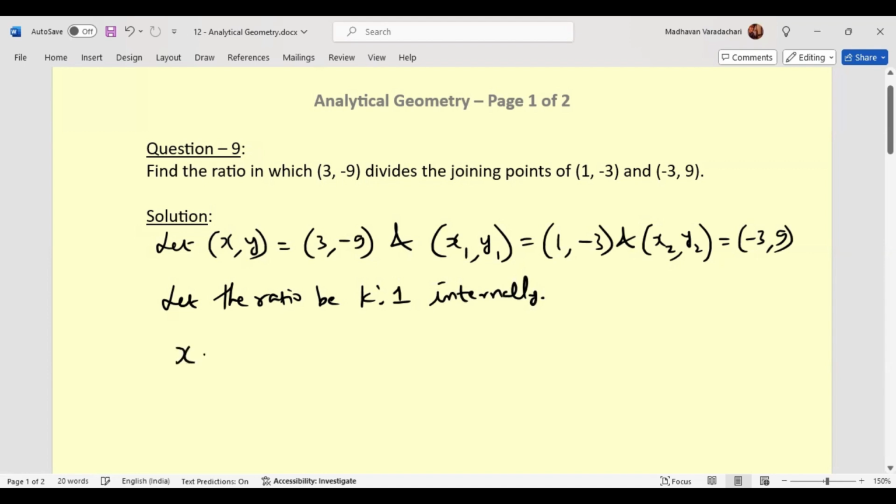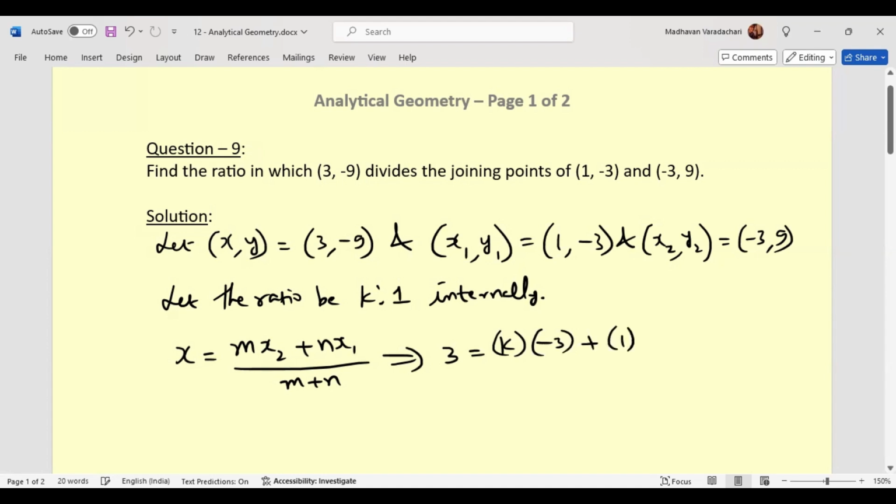So our x will be (m x2 plus n x1) divided by (m plus n), which means x is 3 equal to (k times x2, that is -3, plus n, which is 1, times x1, which is 1) divided by (k plus 1).